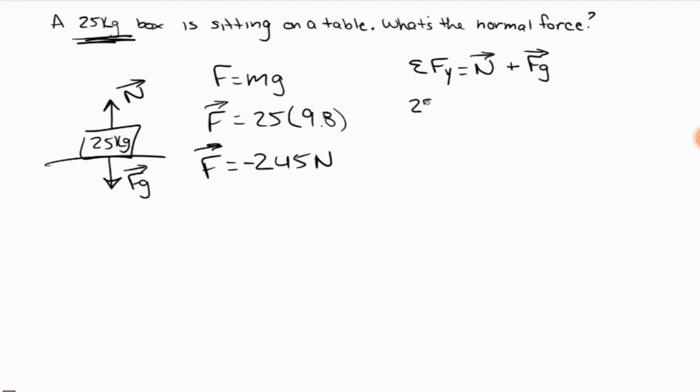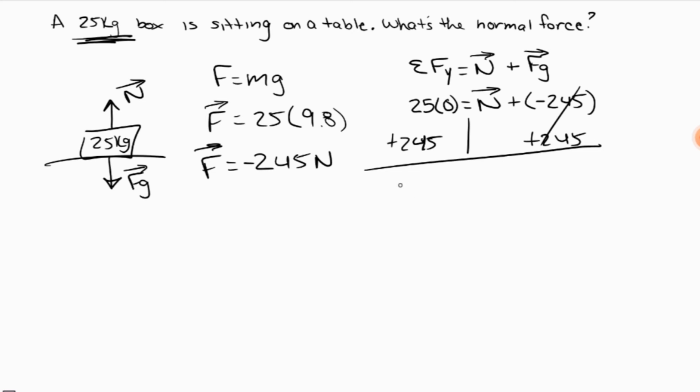In this case, it's 25 times 0 equals normal force plus negative 245. Now we just add it to both sides. And we get a normal force of 245 newtons.